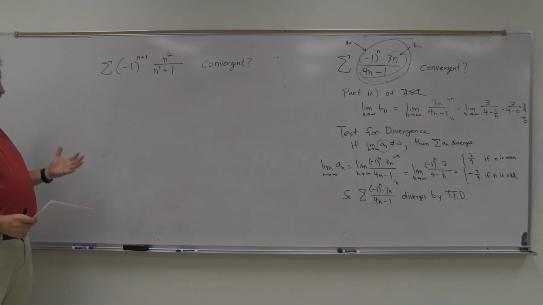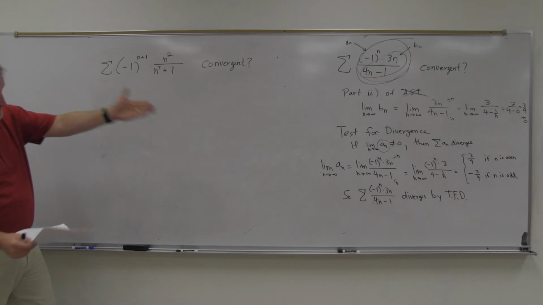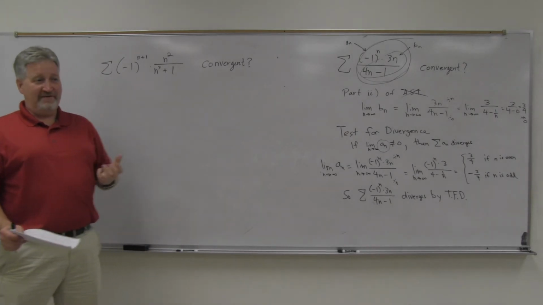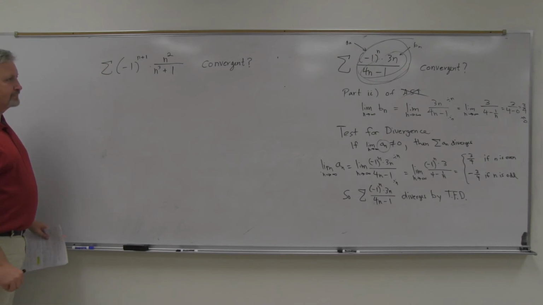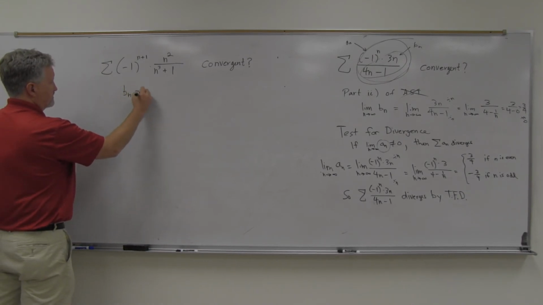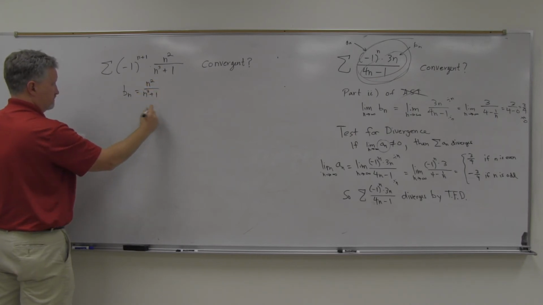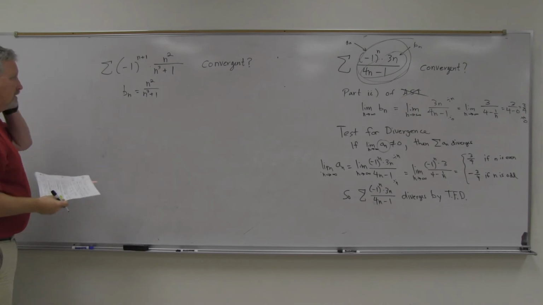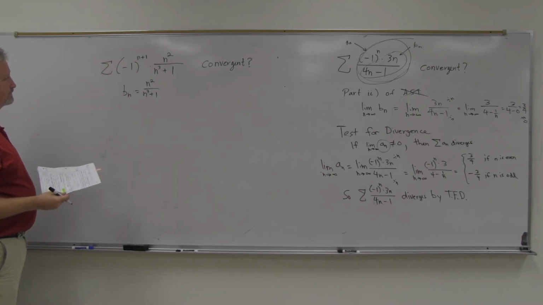Well, again, the obvious choice here is to start with the alternating series test. It doesn't always work out, but usually does. Again, understand b sub n is the part without the alternating sign part, so it's n squared over n cubed plus 1.